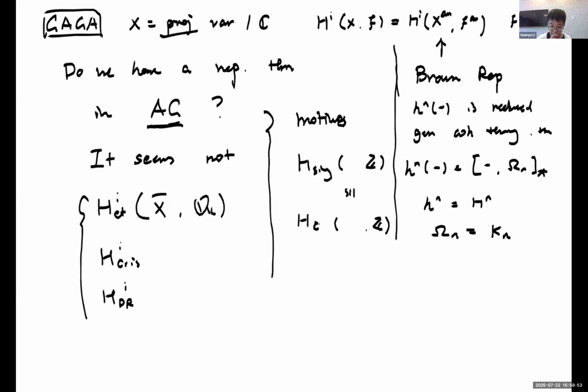This is on the algebraic topology side, and on the algebraic geometry side, you have the cohomology of something that is the same as the Čech cohomology if your space is Noetherian.